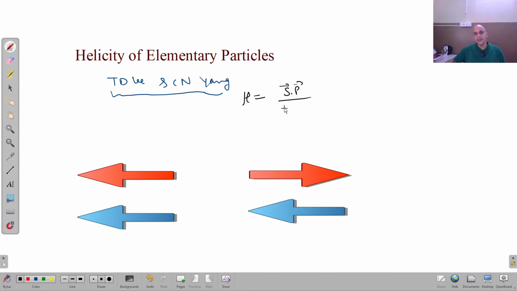the magnitude of s dot the magnitude of p. Both these are vectors, right? So here s is the vector in the spin direction, p is the vector in the linear momentum direction.